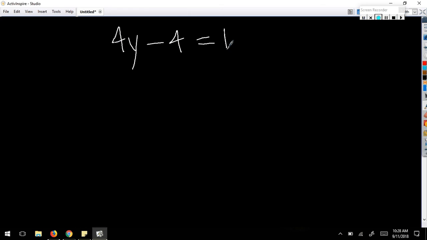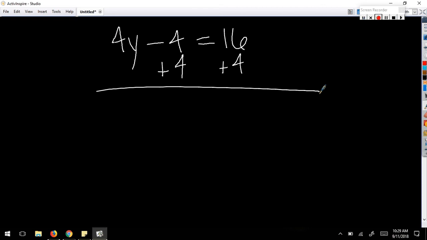The minus 4 is being subtracted, so in order to cancel that out, we add 4 to both sides. This one's canceled. I have 4y equals, somebody tell me, 20. Equals 5. Good job.